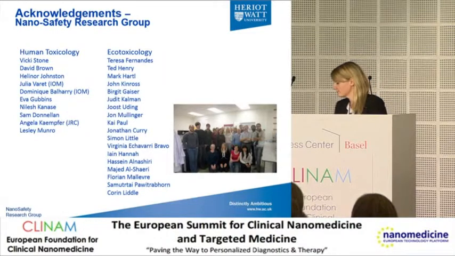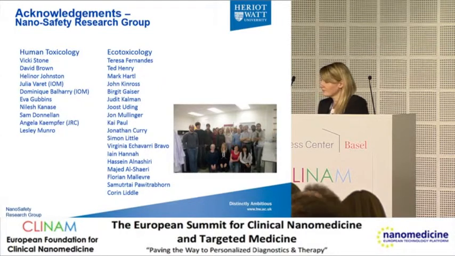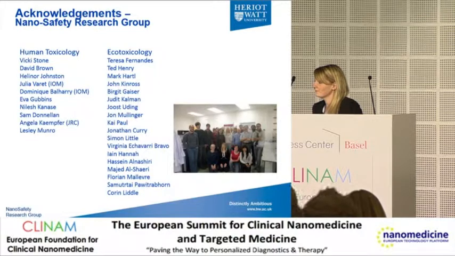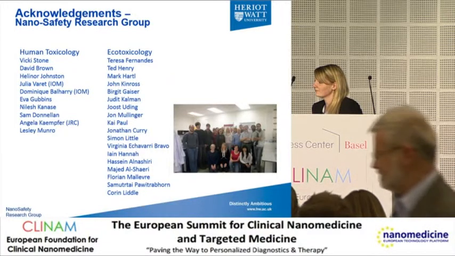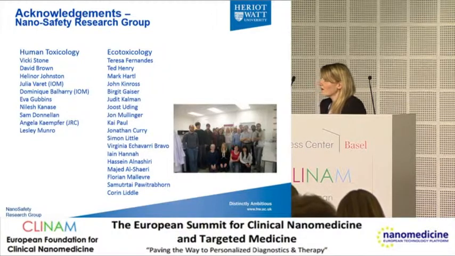Let me ask then, if there is no other question. You were talking about physico-chemical properties to be found and identified as potentially toxic. In your experience, what were those factors which you found as potentially toxic?